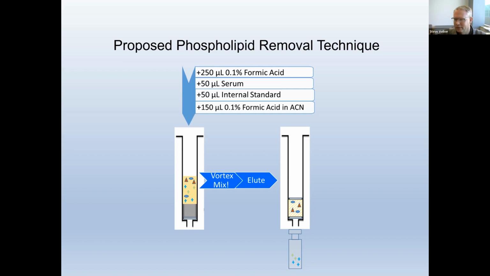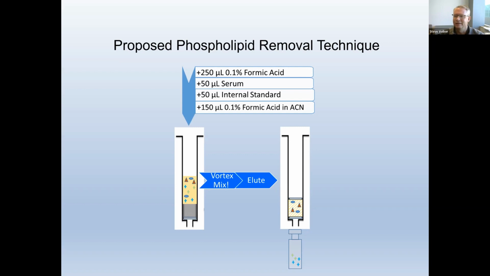So at this point, the whole liquid layer is sitting on top of the SPE bed, and the proteins have been precipitated out. And then it's important to vortex mix that, which can be kind of tricky. Vortex mixing an open tube, but it doesn't require much.